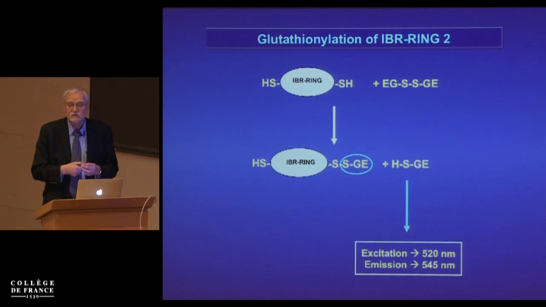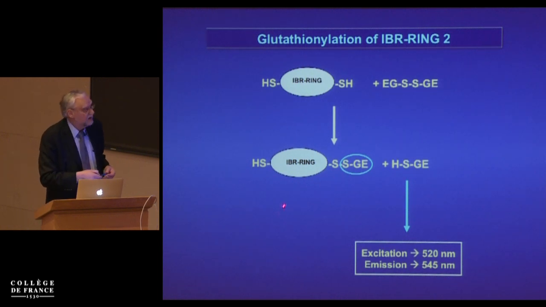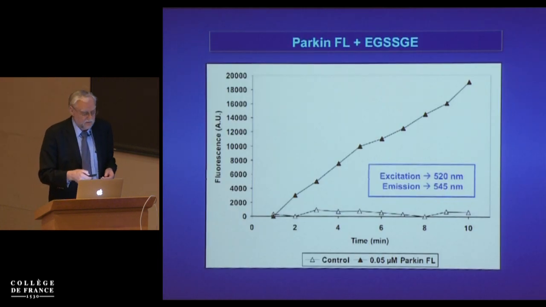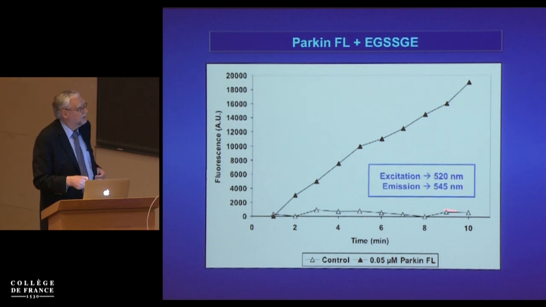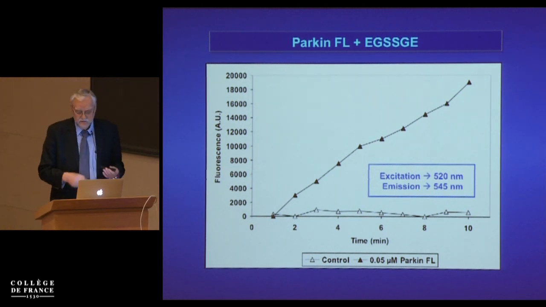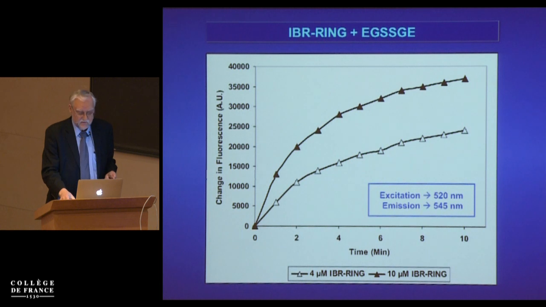So you can measure the glutathionylation of a substrate by looking at the formation of this thing in the fluorimeter, and this is what has been done here. You can follow here the increase in fluorescence in a machine while you glutathionylate here with dieosine glutathione. And here is another one when you have used another form of this whole thing.